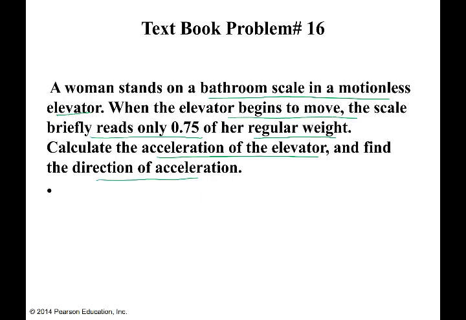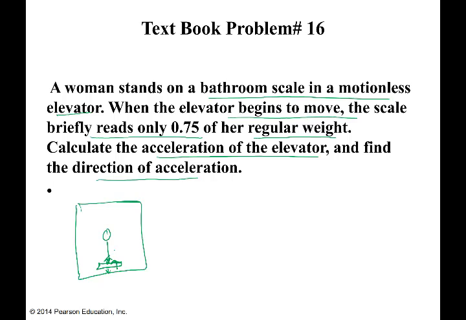So there will be two forces on the woman, her weight and the normal force from the scale. So this is our elevator. We are not talking about the elevator here. We are talking about the woman standing on the scale. So the weight is acting in the downward direction and the normal force is acting in the upward direction. The scale is pushing on her.